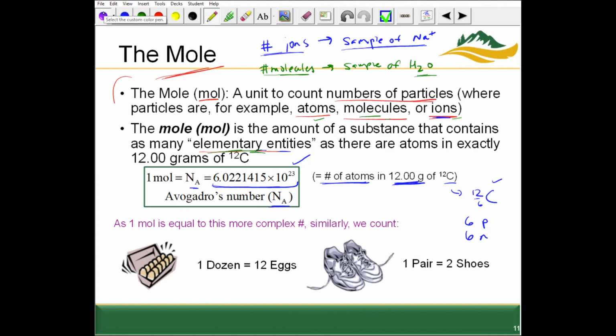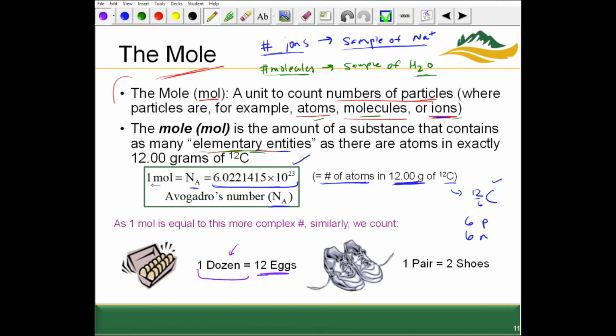Some analogies may be helpful to think about. Why do we need this concept of a mole? What is it really telling us? Well, instead of saying we have 12 eggs, it's become commonplace to say we have a dozen eggs. This dozen is just a way to describe 12 eggs.